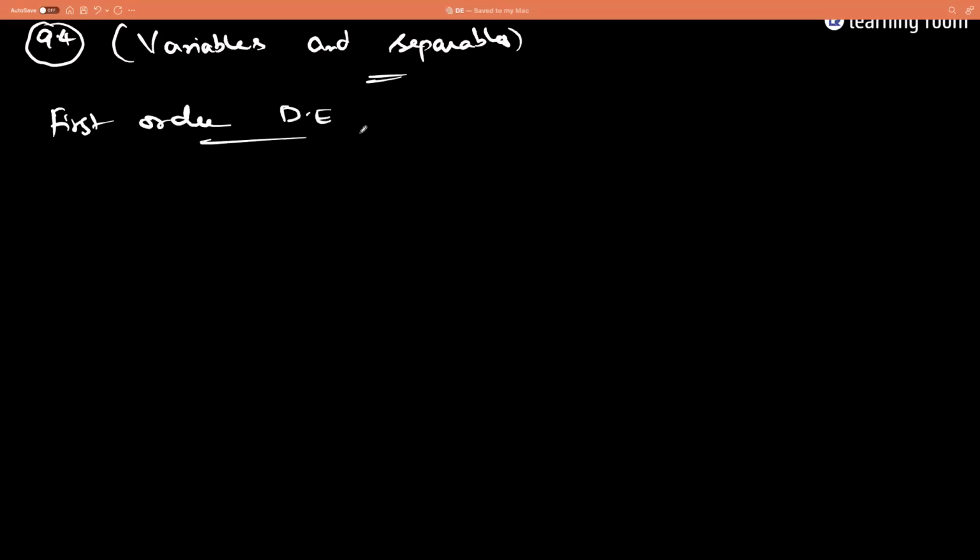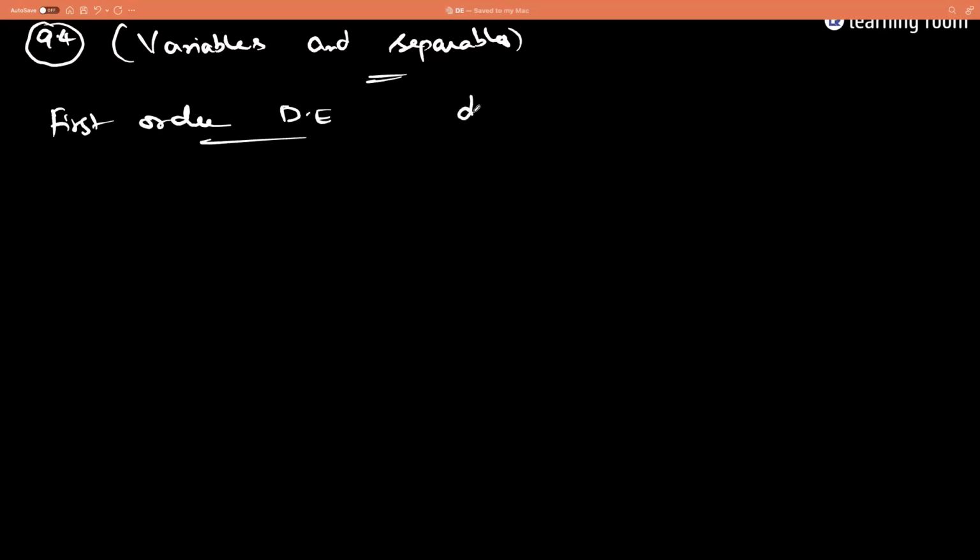So 9.4 is about variables separable, meaning how to solve a differential equation. For you to apply variable separable, you need a first order differential equation.